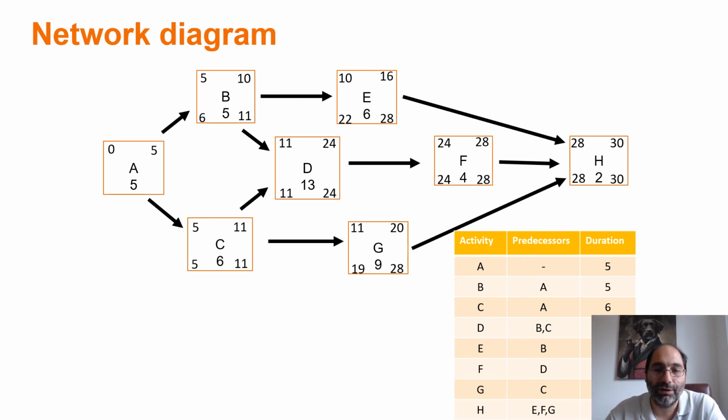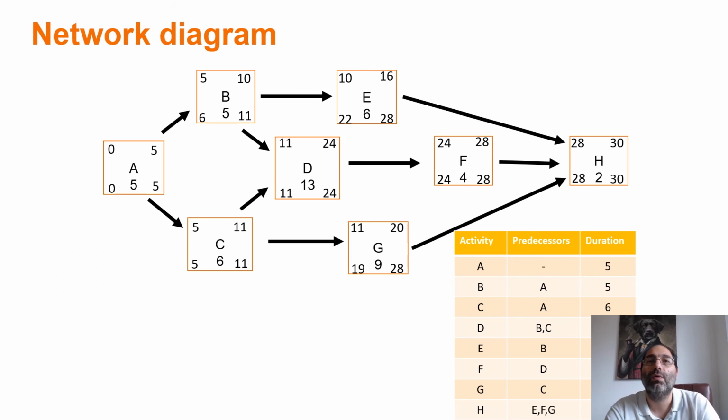So moving to activity A, again, I have two successors. I have 6 and 5 as their late start time, so I choose the lowest, which is 5. 5 minus 5 equals 0.